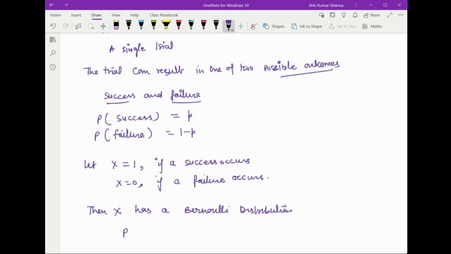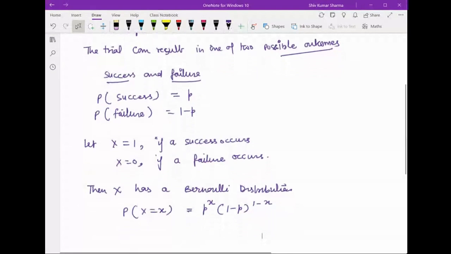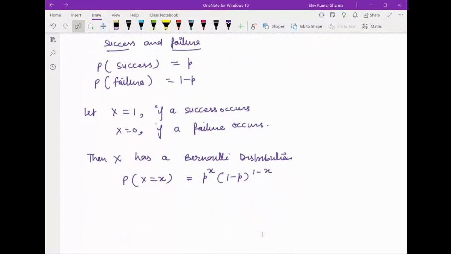For a Bernoulli distribution, the probability of X equal to x, for random variable X, can be written as p raised to the power x and 1 minus p raised to the power 1 minus x.